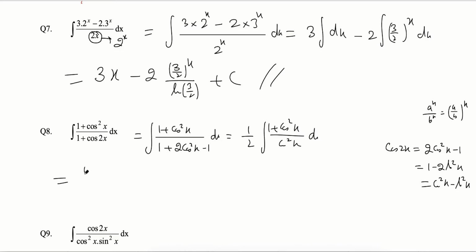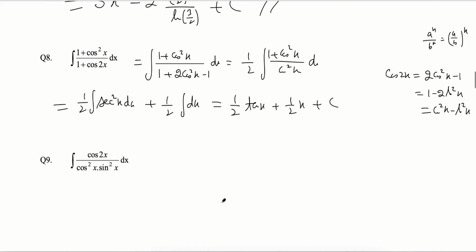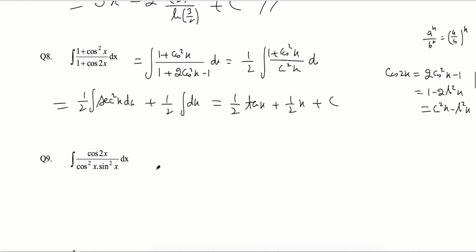Dividing, you will get 1 by 2 secant square x dx plus 1 by 2 dx. The integration of secant square x, all of you know, is tan x, so that will be 1 by 2 tan x plus 1 by 2 x plus c. This will be your answer. Is this clear? Right. Now, question number 9 looks exactly the same.